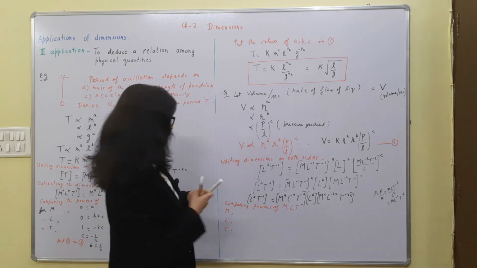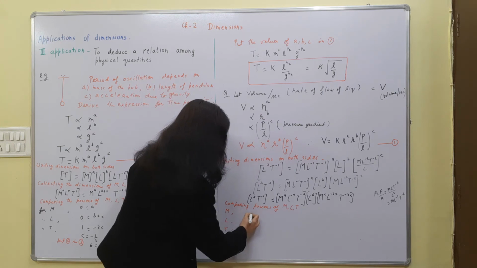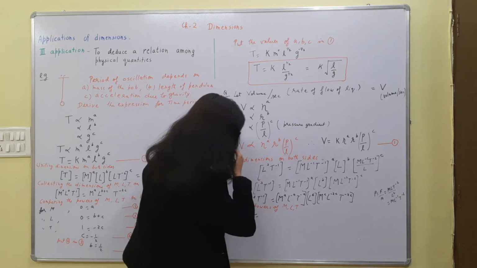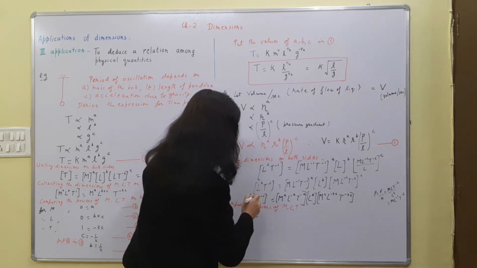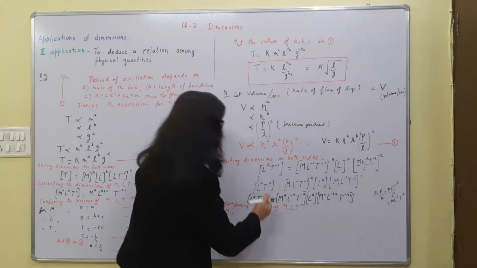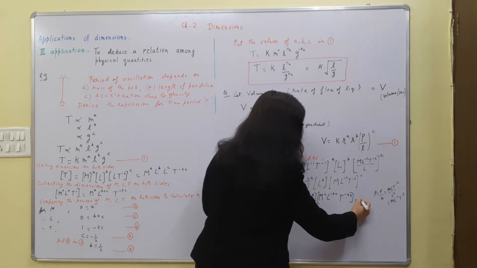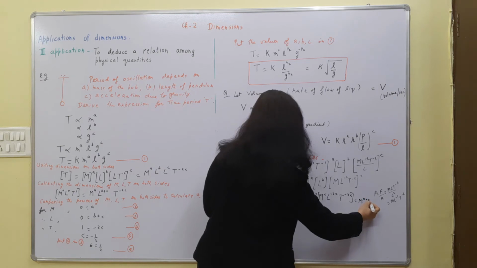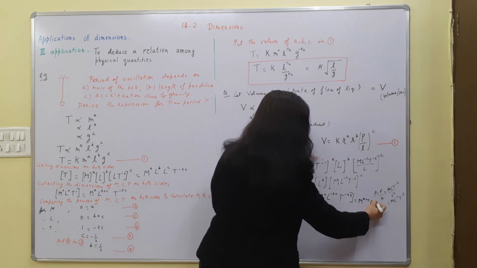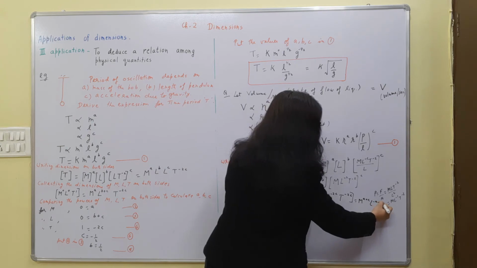So for m, on left side it is m to the power 0. So this is 0 is equal to a plus c. We can write this step again over here. This is m to the power a plus c, L to the power minus a plus b minus 2c.